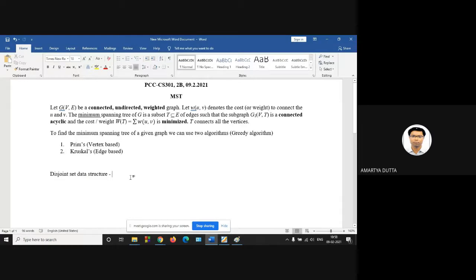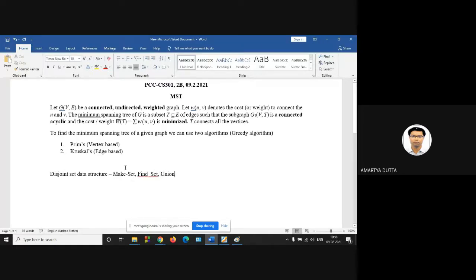Total 3 operations. First one is the make set, second one is the find set, and the third one is the union.